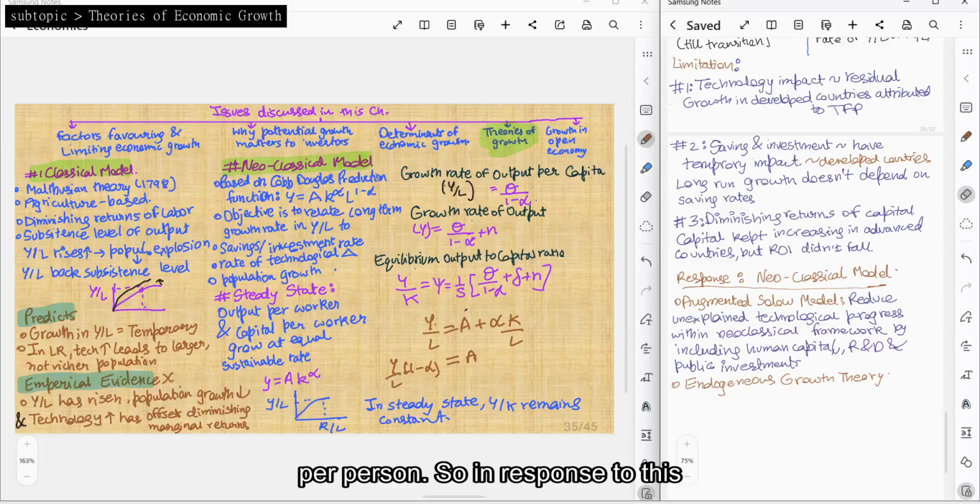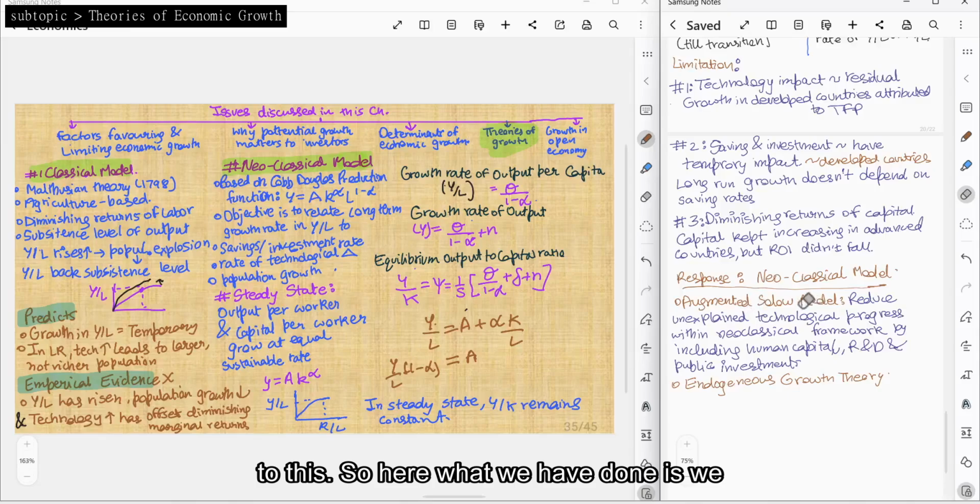So in response to these criticisms of the neoclassical model, we have made two models. First is the augmented Solow model, which is just a neoclassical model, but we have added a few adjustments to this.